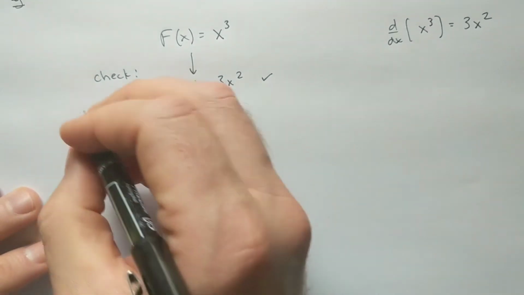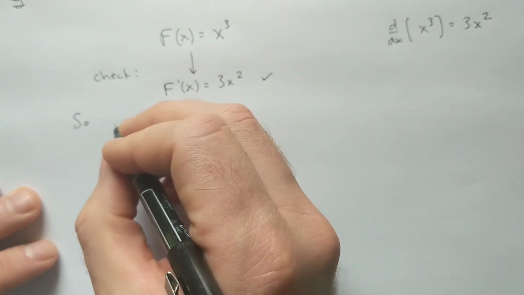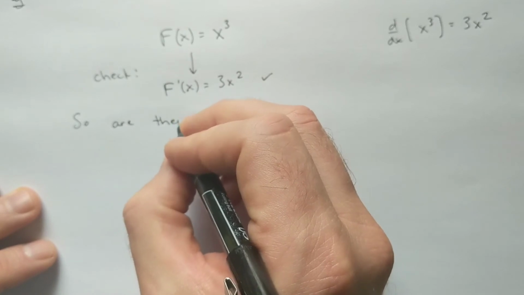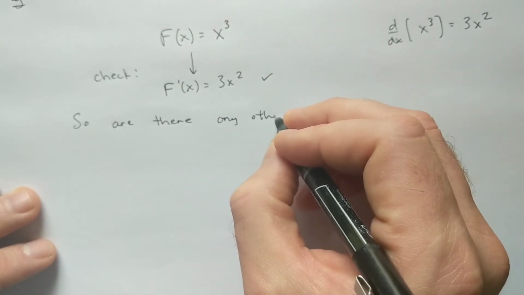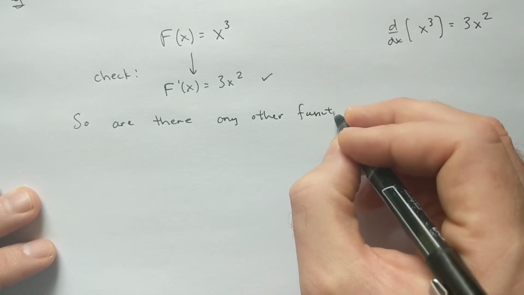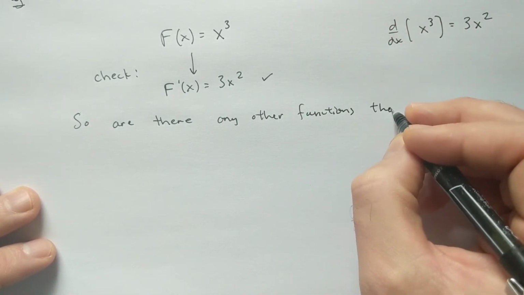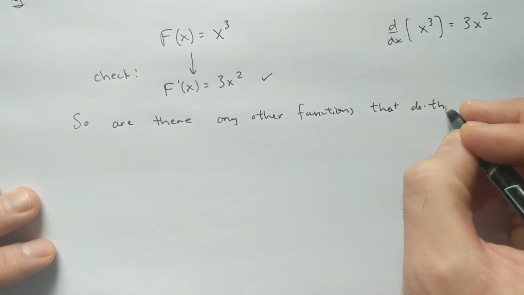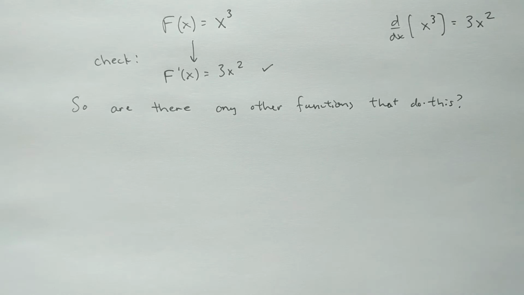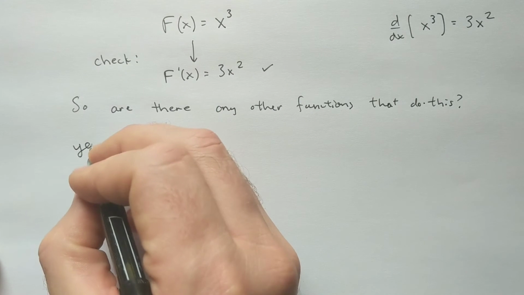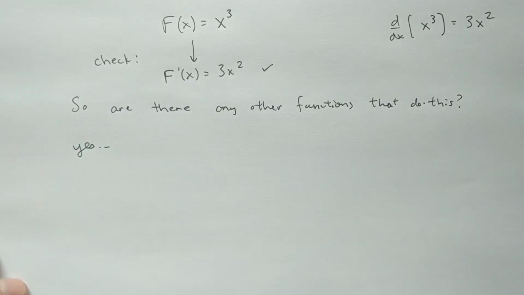Something we should address here is whether there are any other functions that do this. In other words, are there any other functions whose derivative is 3x squared? And the answer is yes. This all comes down to the fact that if I take the derivative of a constant added on, it just goes to 0 and disappears.